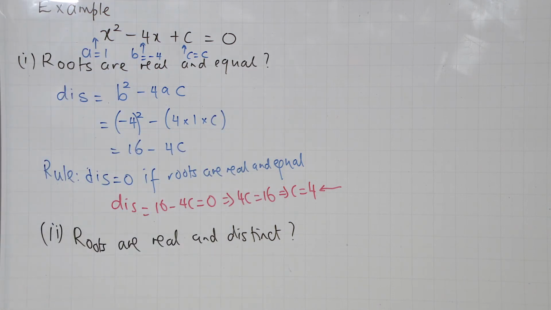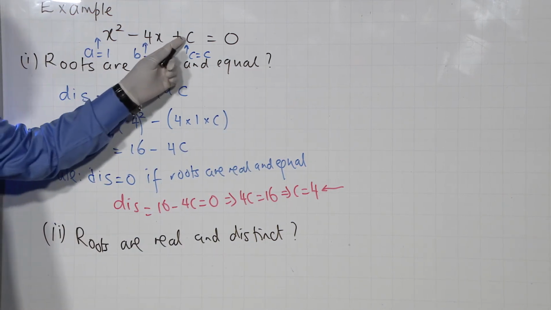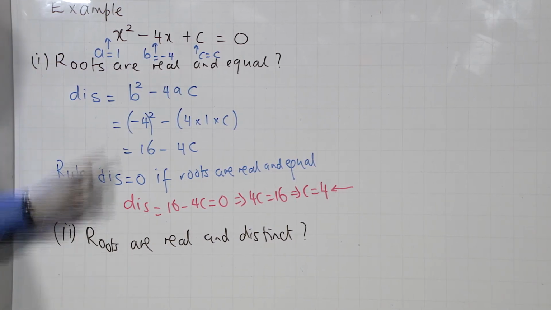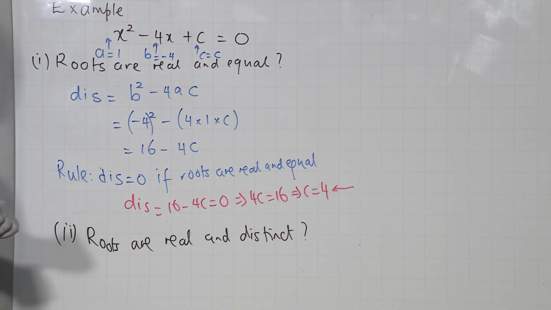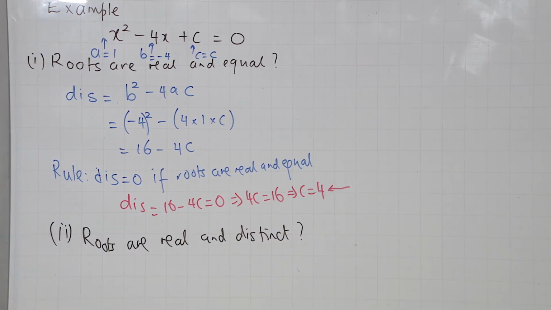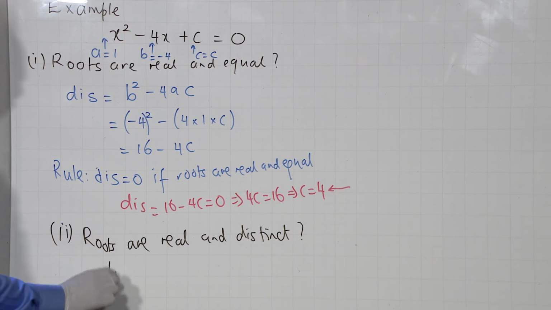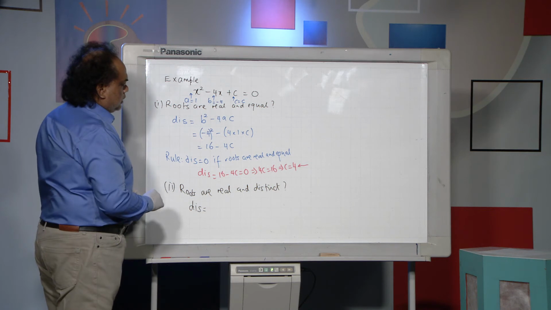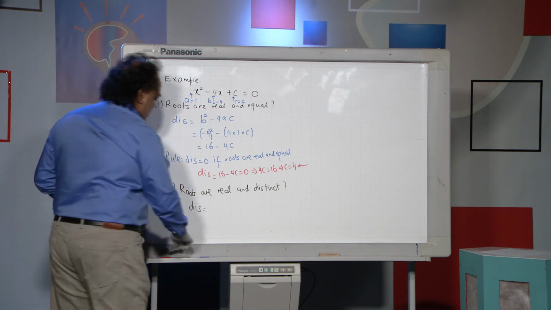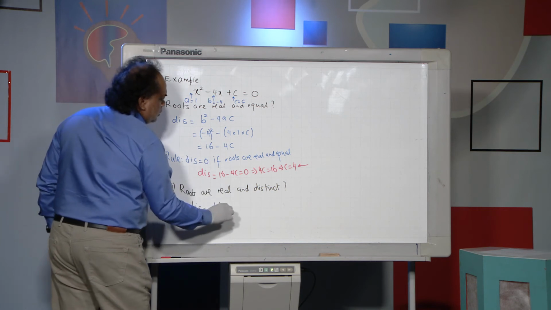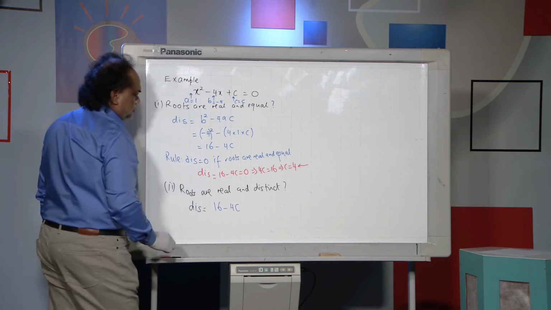So the question is, what would be the values of C if I want the roots of this quadratic equation to be real and distinct? So again, we are going to calculate the discriminant. As you have seen, the discriminant is equal to 16 minus 4C.